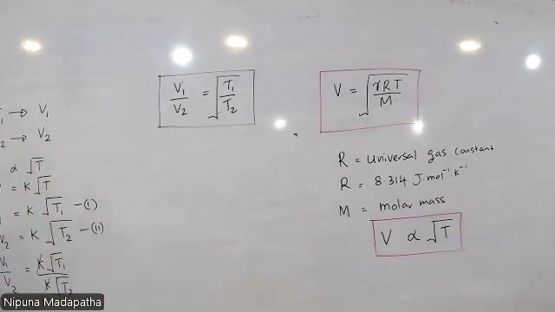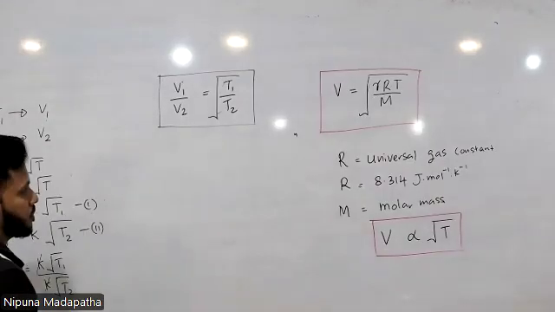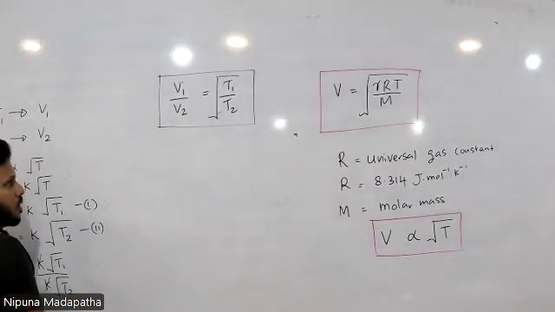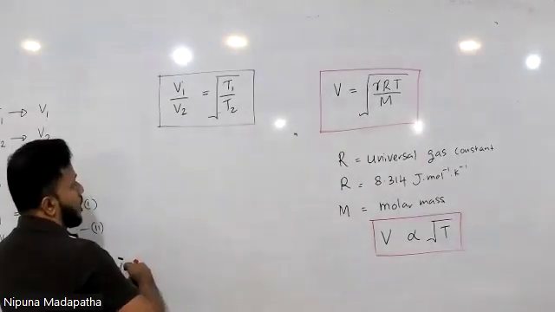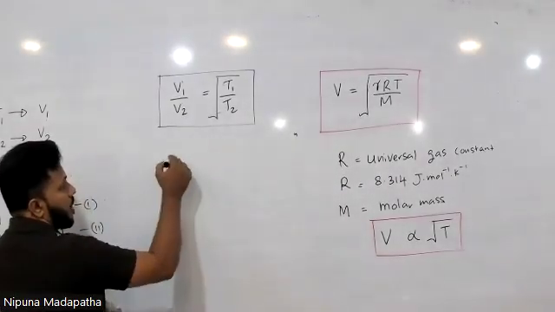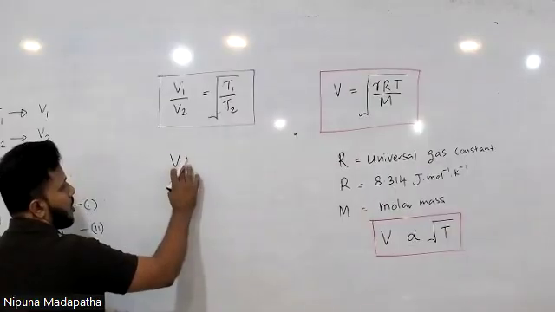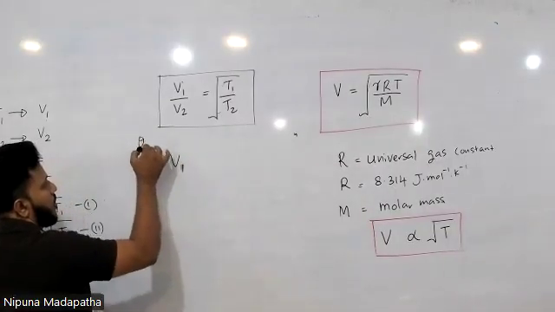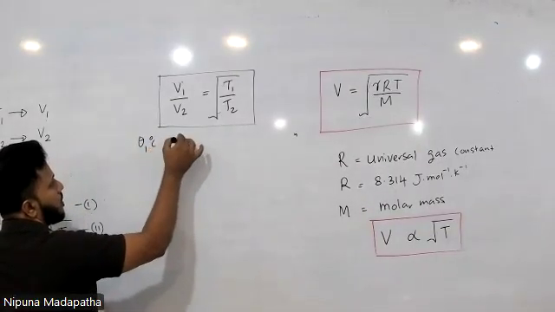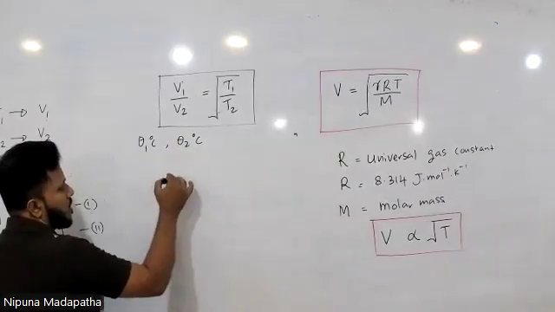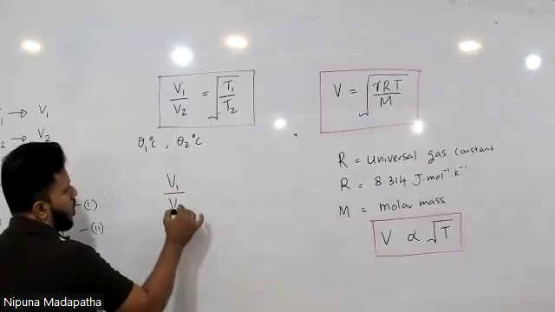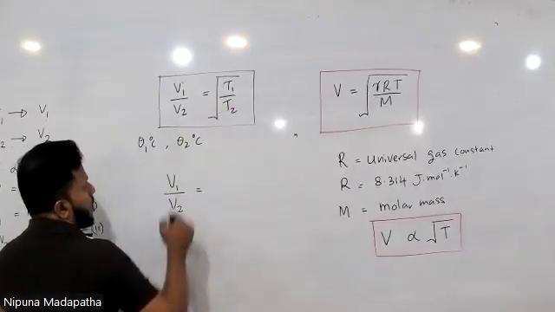Right. So if the temperature is given in Celsius, how do you get the absolute temperature? Suppose the temperatures are θ1 Celsius and θ2 Celsius. Then the expression is V1 over V2 equals, right?